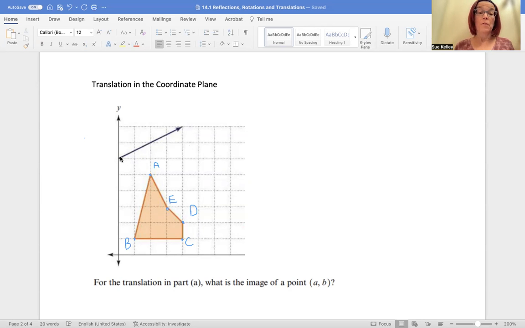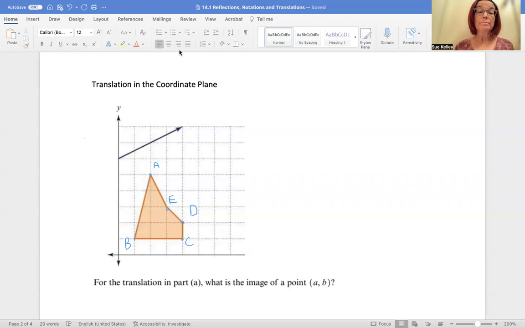For me, it's easiest to count that I'm going to go over 1, 2, 3, 4 spaces and up 1, 2. So over 4, up 2 is going to be my distance and direction for each of the vertices on my shape.